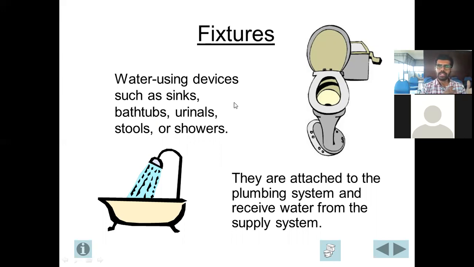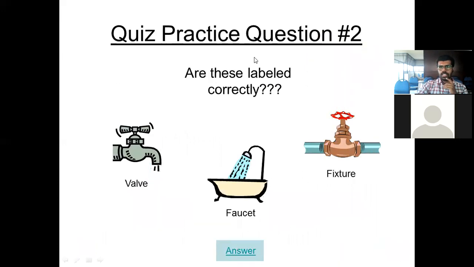So we were dealing with what is meant by faucet, valve, and fixtures, right? So this is just a question. Is this correct? This is a valve, this is a faucet, this is a fixture.